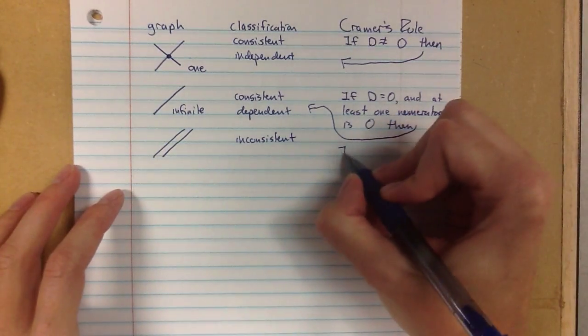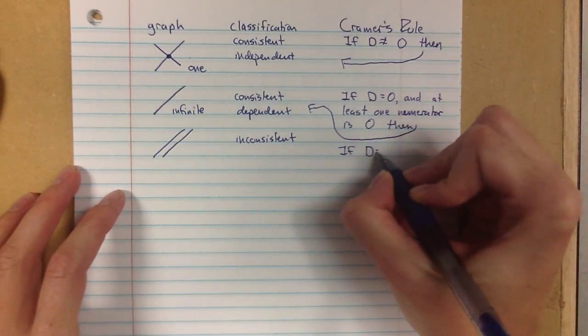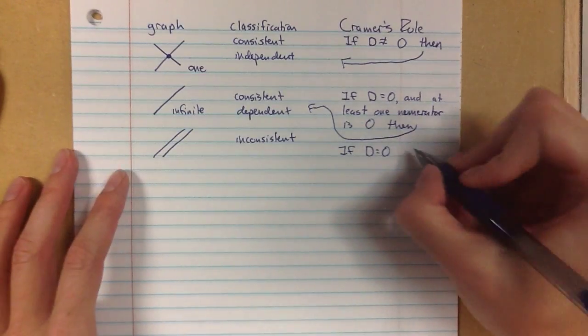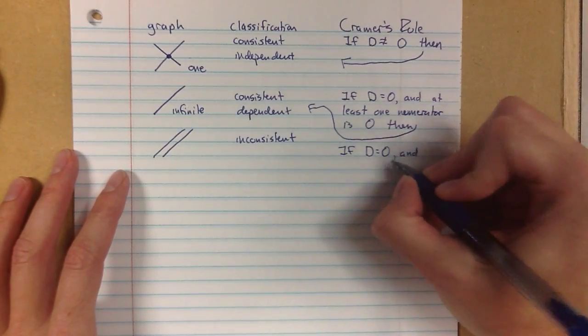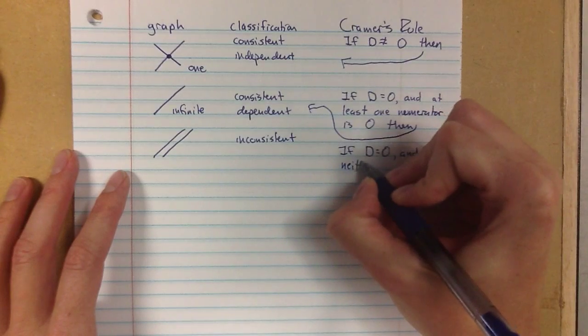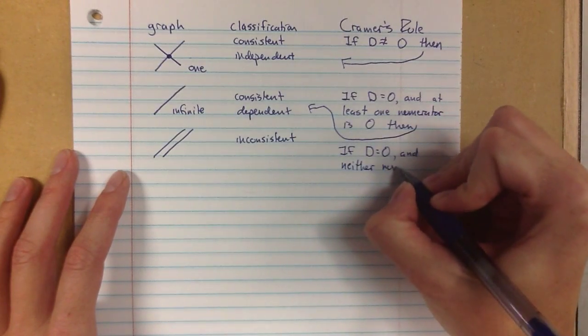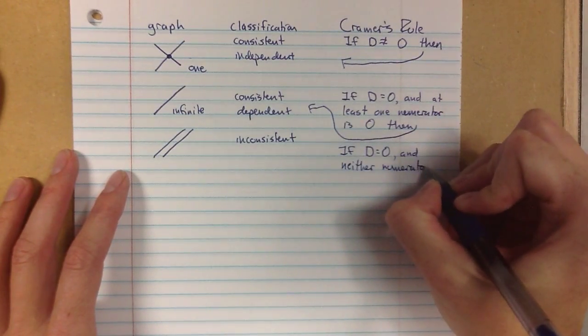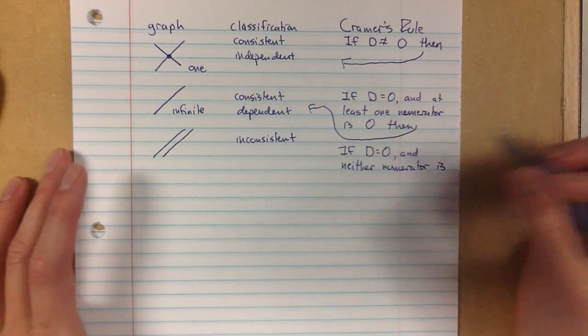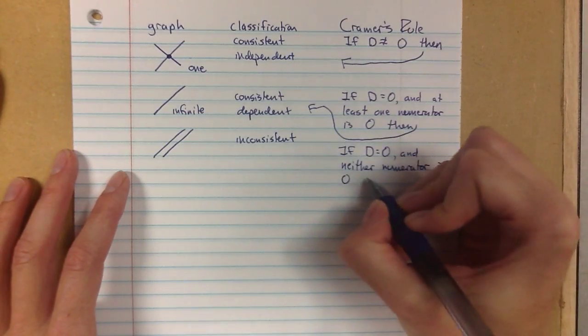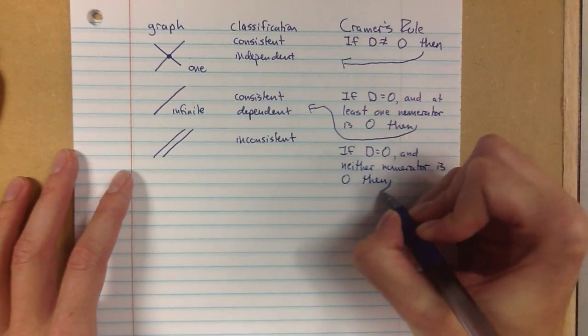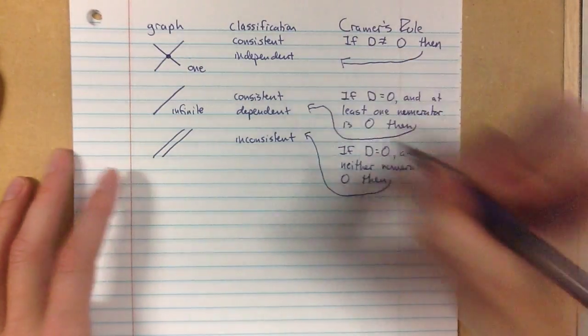Last one, if D equals 0 and neither is 0, then we get that one.